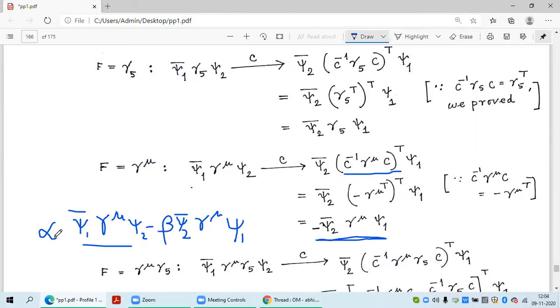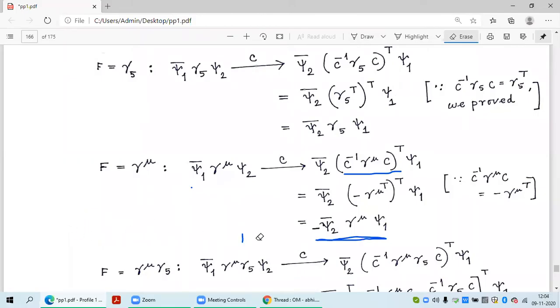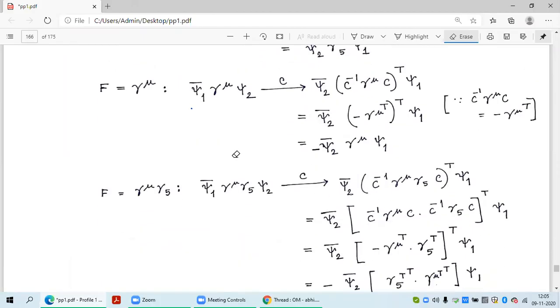You can also take alpha, beta different. This kind of argument we will use later when we make use of these objects while constructing interacting Lagrangians. Interacting Lagrangians will be studied for our purpose because we are studying particle physics and all particles interact. That's why we are studying these objects.